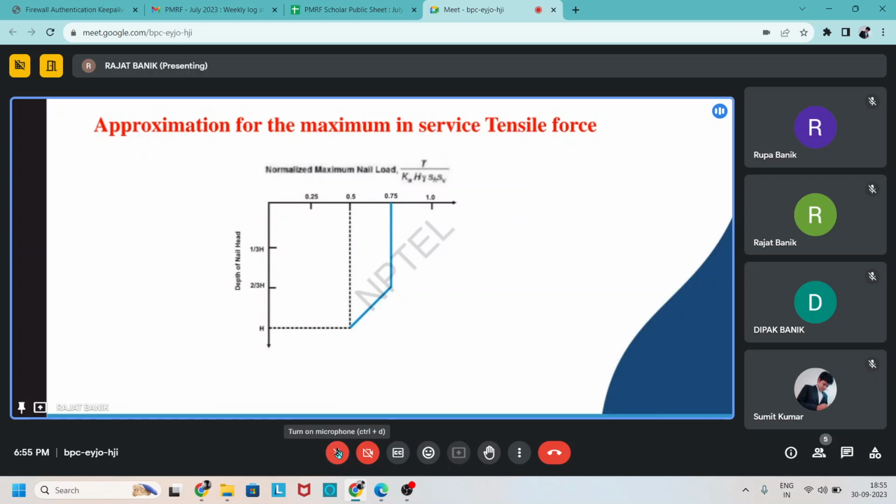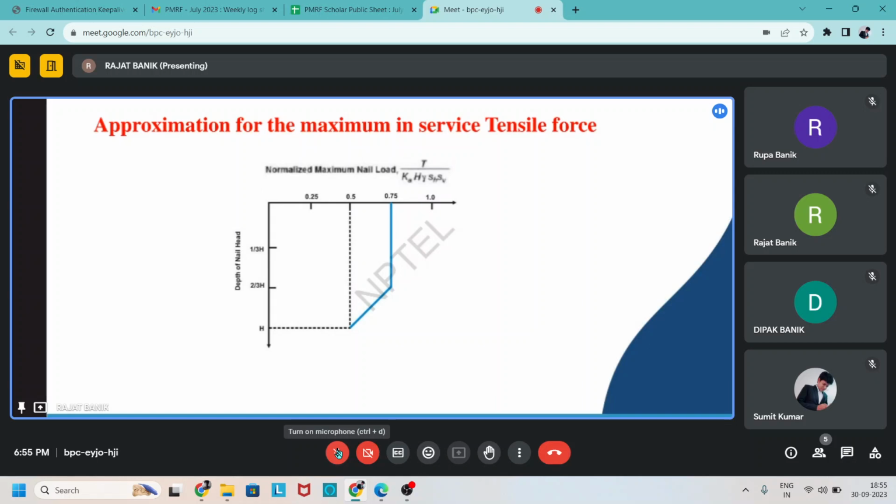This chart is between the depth of the nail and height and the normalized maximum nail load, and it is normalized by T, that means tensile force, by Ka H gamma SH SV, where K is the active earth pressure coefficient, H is the height of the wall, gamma is the unit weight of the soil, and SH and SV are the spacing in horizontal and vertical direction.